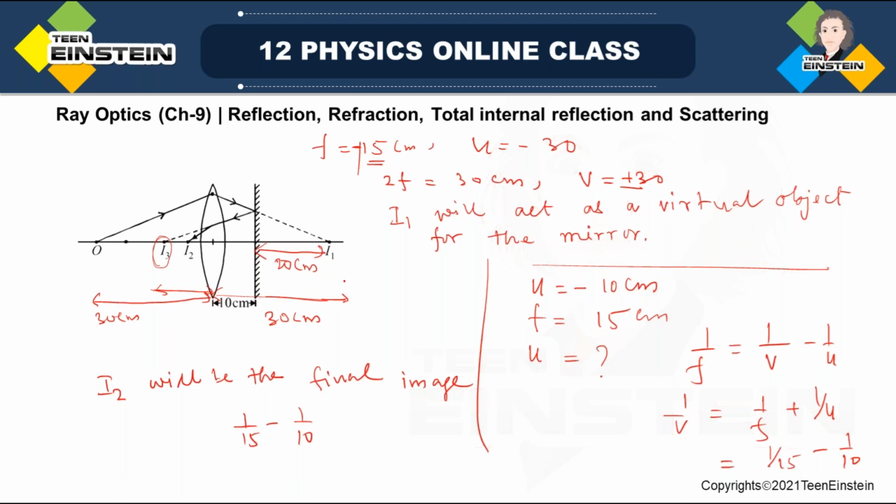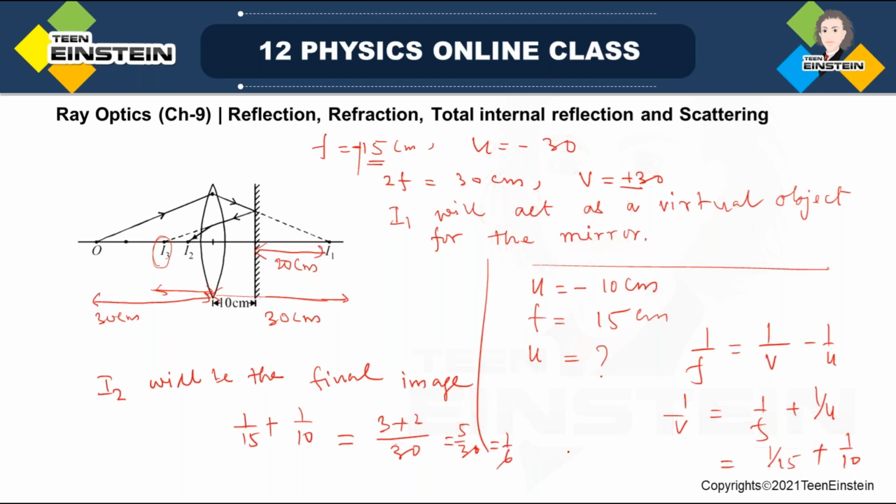So 1 by f is equal to 1 by v minus 1 by u. So this is fine. So here this will be positive. So 10 centimeter, this is positive. So you will get here 3 plus 2 or 2 plus 3. Anyway, this is 30.